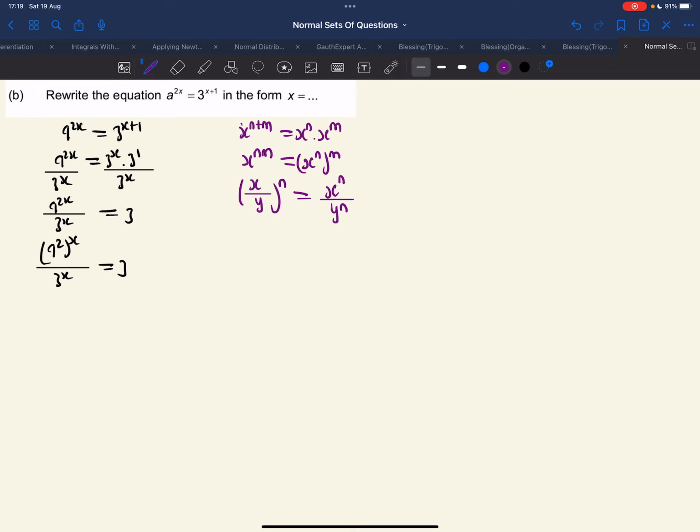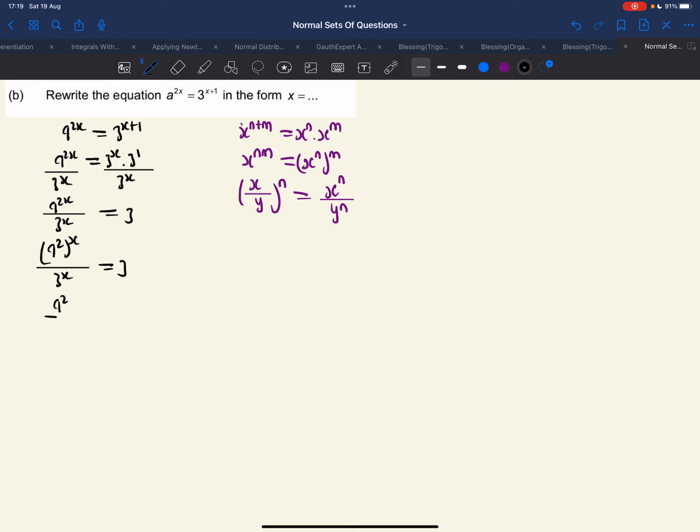But in this case we have it this way, so we have to go back the other way. So we can say a squared over 3, and then put the x outside, and then we have 3 alone there.